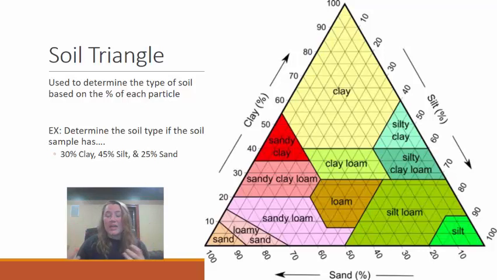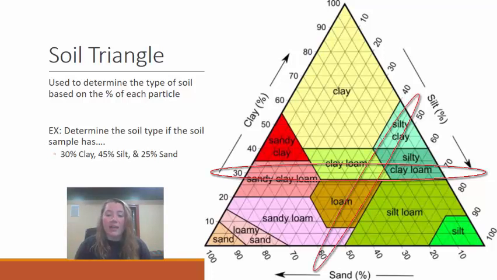If we take a soil sample and do some soil testing and we determine that it is 30% clay, 45% silt, and 25% sand, we can use a soil triangle. First we find the 30% clay on the clay side and we follow that line all the way across. Then we find the silt line and find 45% silt, and follow that line all the way across the triangle.